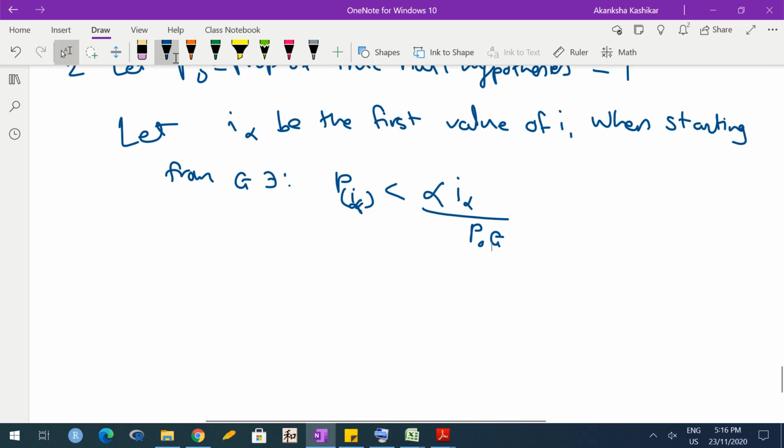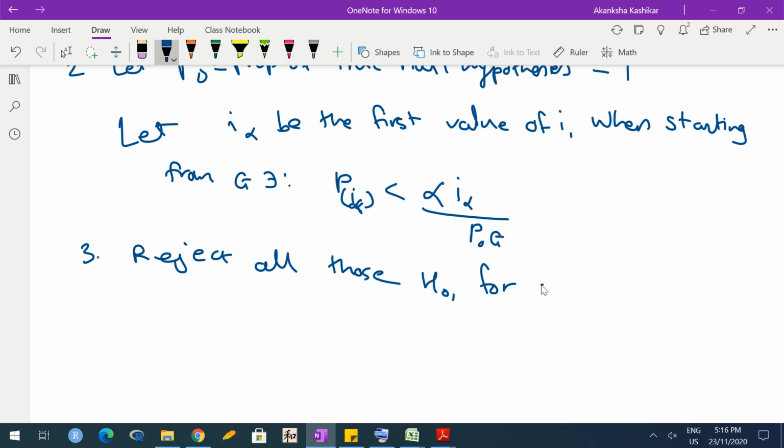Then the FDR control procedure says reject all those H naught for which p-value is less than P I alpha. Okay, some of you might have followed it, some of you might be completely lost.